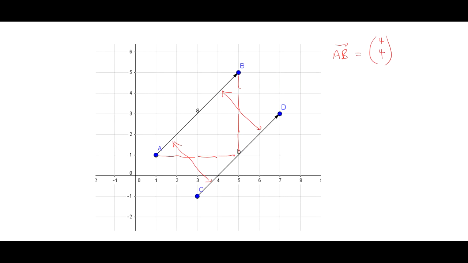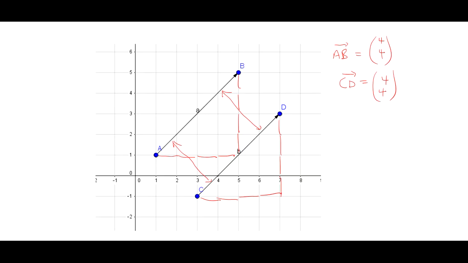And the vector CD will be 1, 2, 3, 4 across. So there's 4, and we go 1, 2, 3, 4 up. So notice the two vectors are the same. So these two vectors are what we say they are parallel. Now, if you have a vector AB, right?